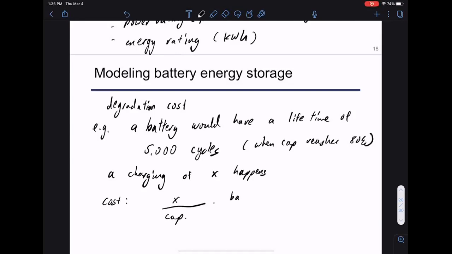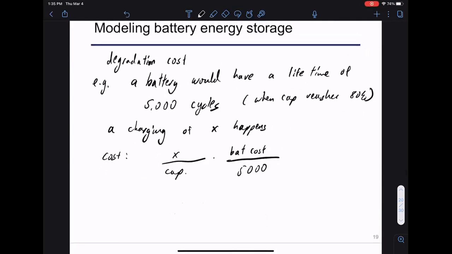Times the battery cost over the fact that you can go 5,000 cycles. Okay, so this is the cost of charging X units. For example, if you charge 10% of its full capacity, that's 0.1 times the cost per cycle. So this basically tells you the cost per cycle.